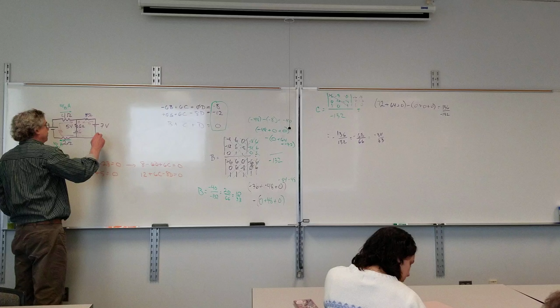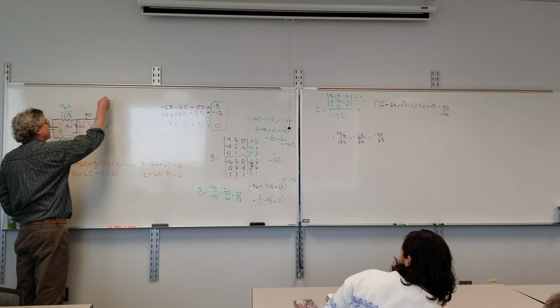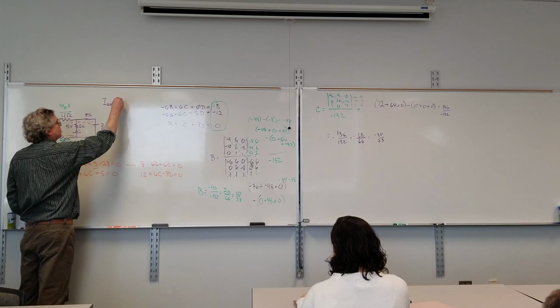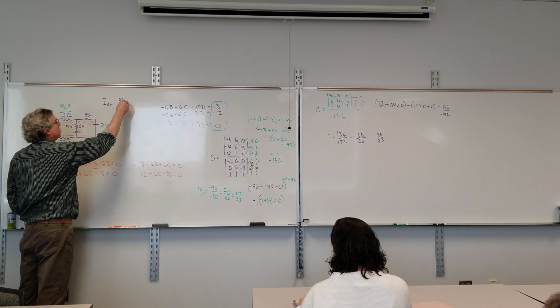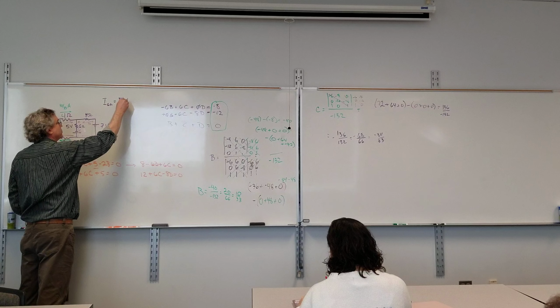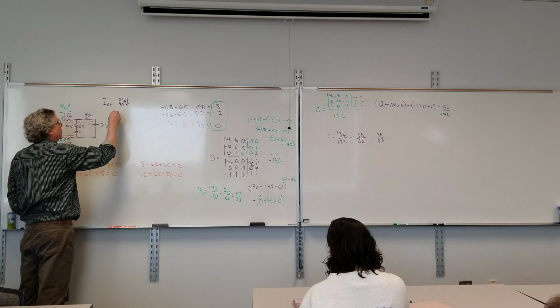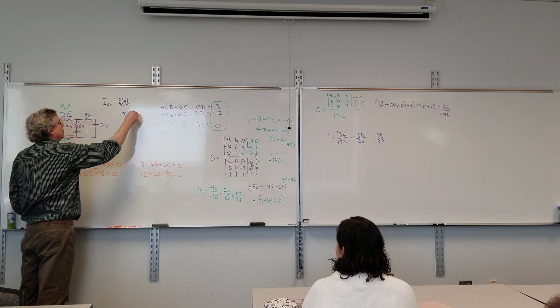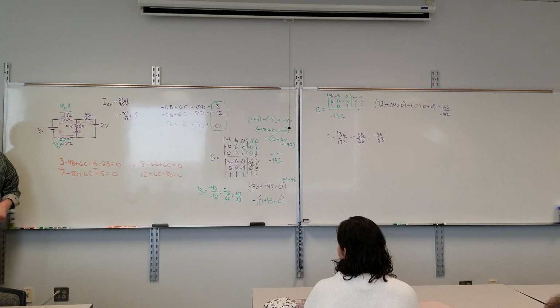I can say that the current flowing across the 6 ohm resistor, so I'm just writing I sub 6 ohm, is 34 33rds amperes down, let's not forget units, or negative 34 33rds amperes up. Either one I accept.